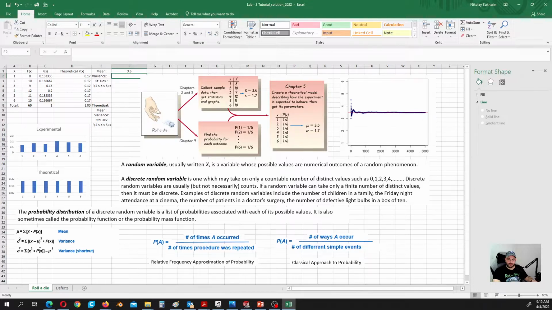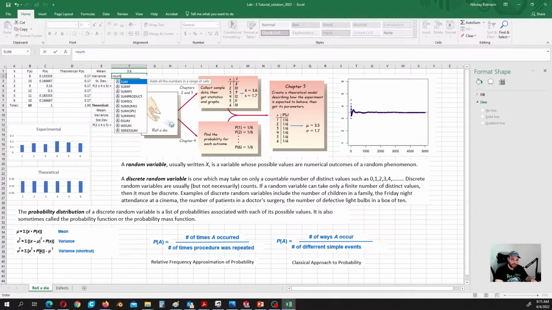Okay, so the variance. For variance, let's use the shortcut formula, and we'll use the sum product of x squared, so let's grab x and square it, and then we have our probabilities again here, and then minus the mean squared.